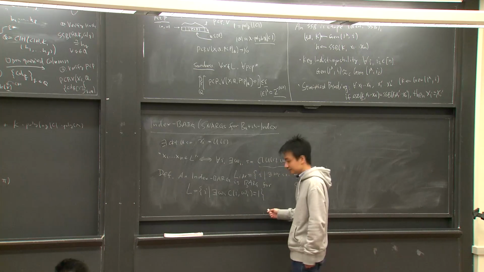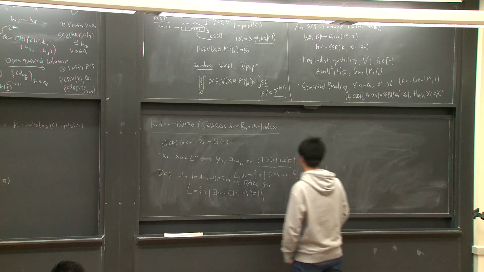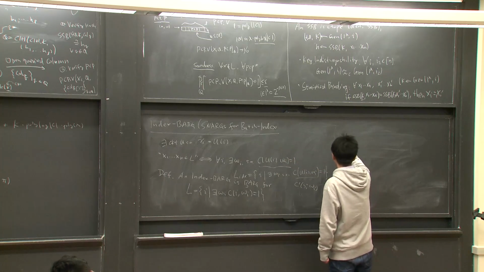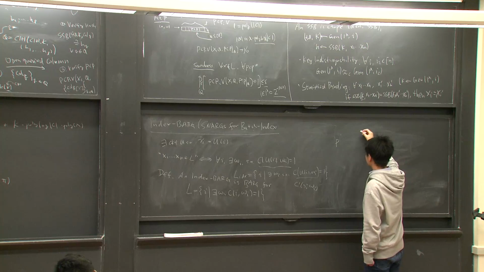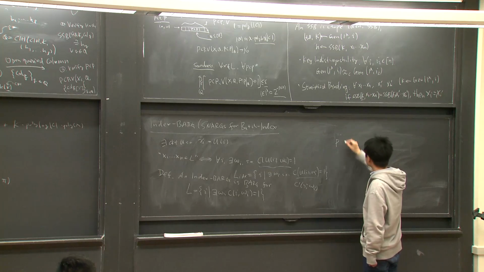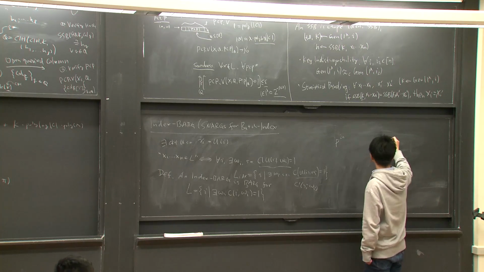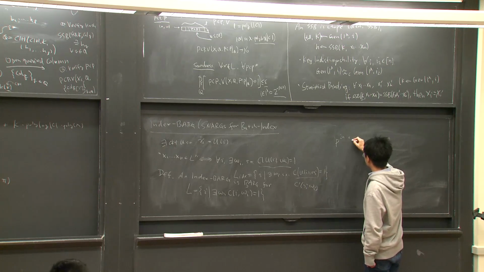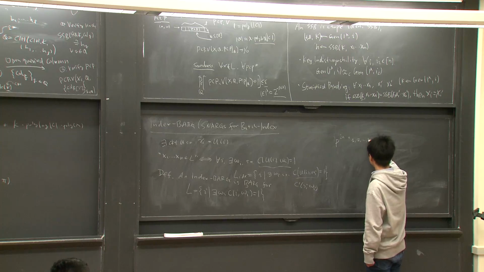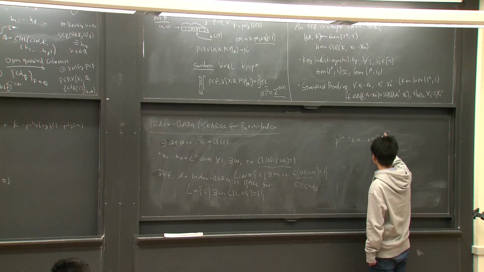We still have a CRS, and the prover tries to convince the verifier that all of the indices from 1, 2, etc. to k are in this language.